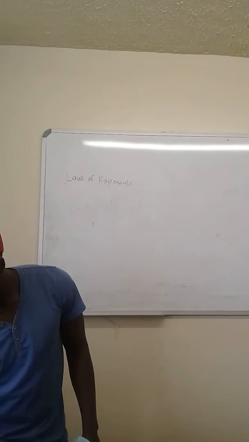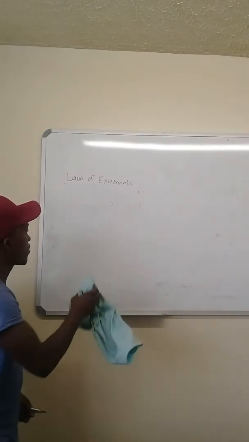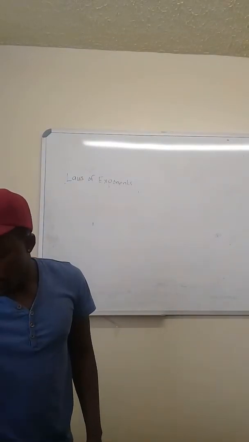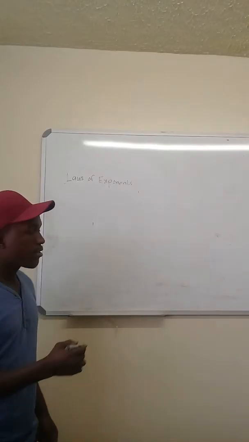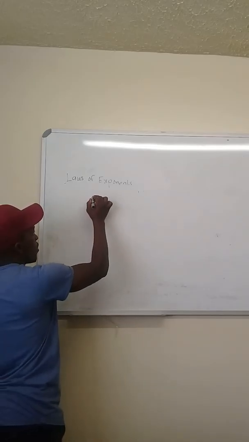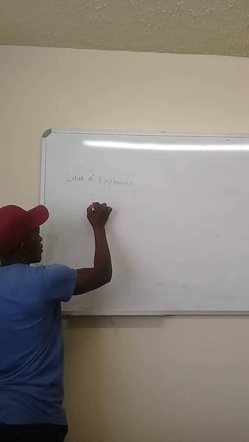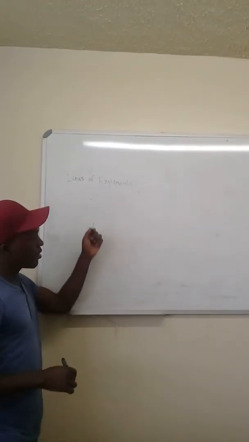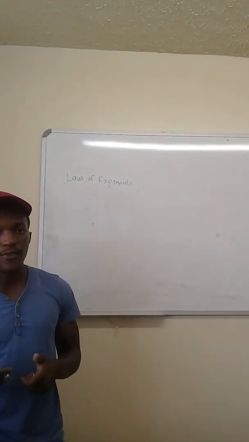Let us take another example which involves the square root. That's another law which says that if you have x as a base, and then we have m divided by n, that means this exponent is a fraction.